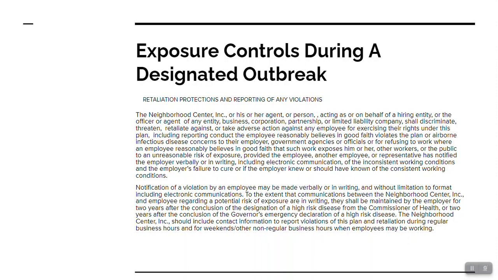The neighborhood center should include contact information to report violations of this plan and retaliation during regular business hours and for weekends or other non-regular business hours when employees may be working.